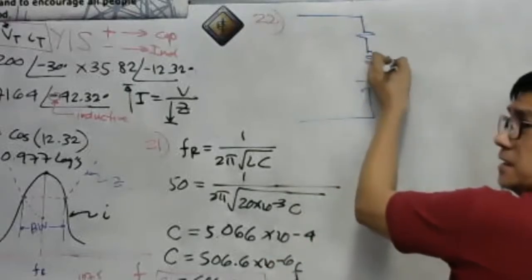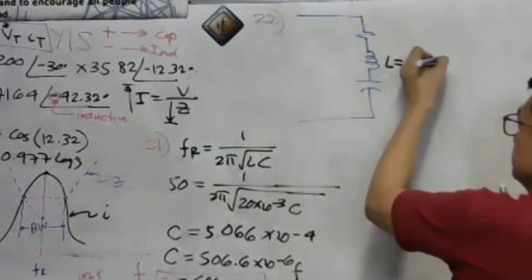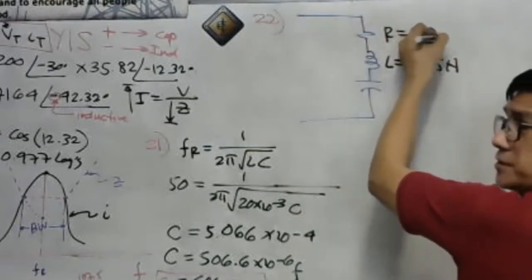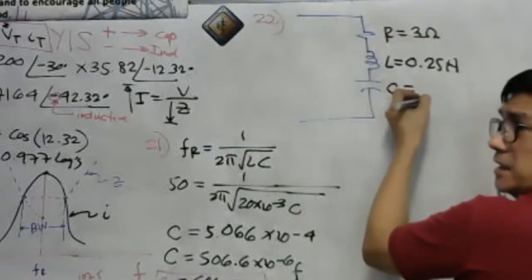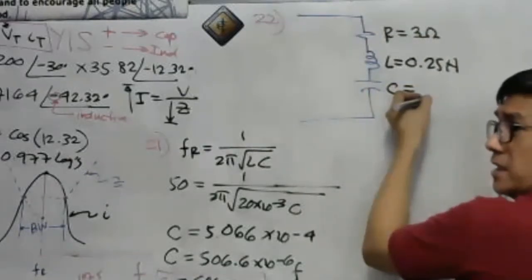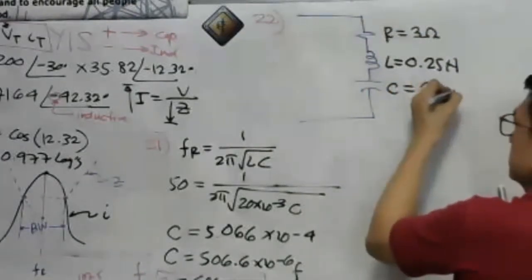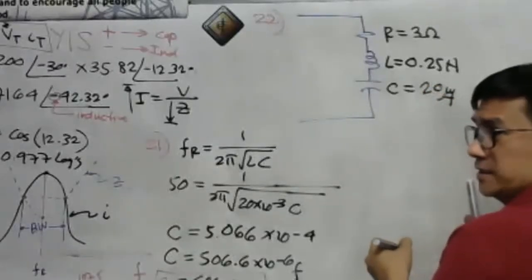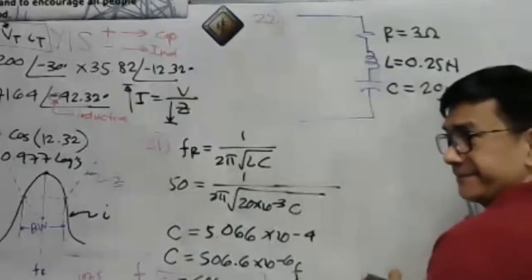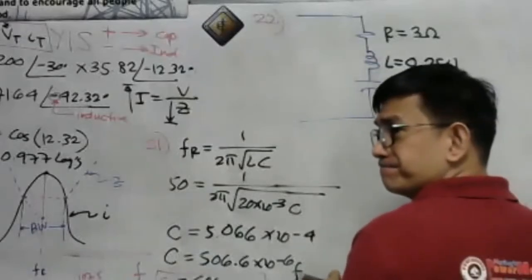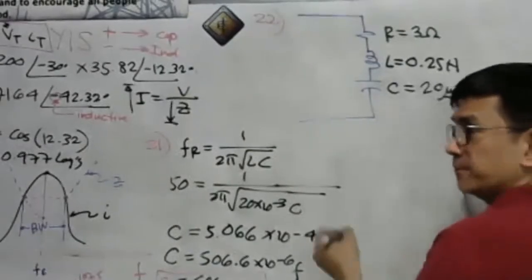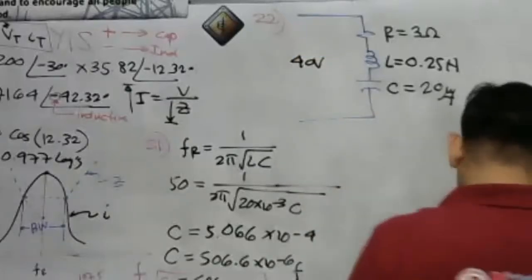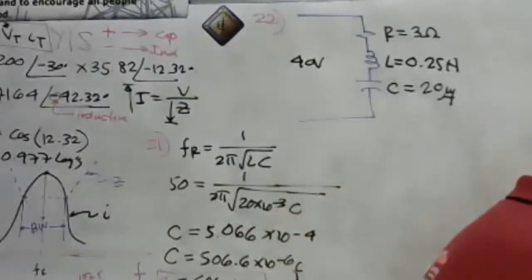Our inductance is 0.25 Henry. Our resistance is 3 ohms. Our capacitance is 20 microfarad. Calculate at what frequency resonance will take place if an alternating voltage of 40 volts, that's the source, is applied to the circuit.